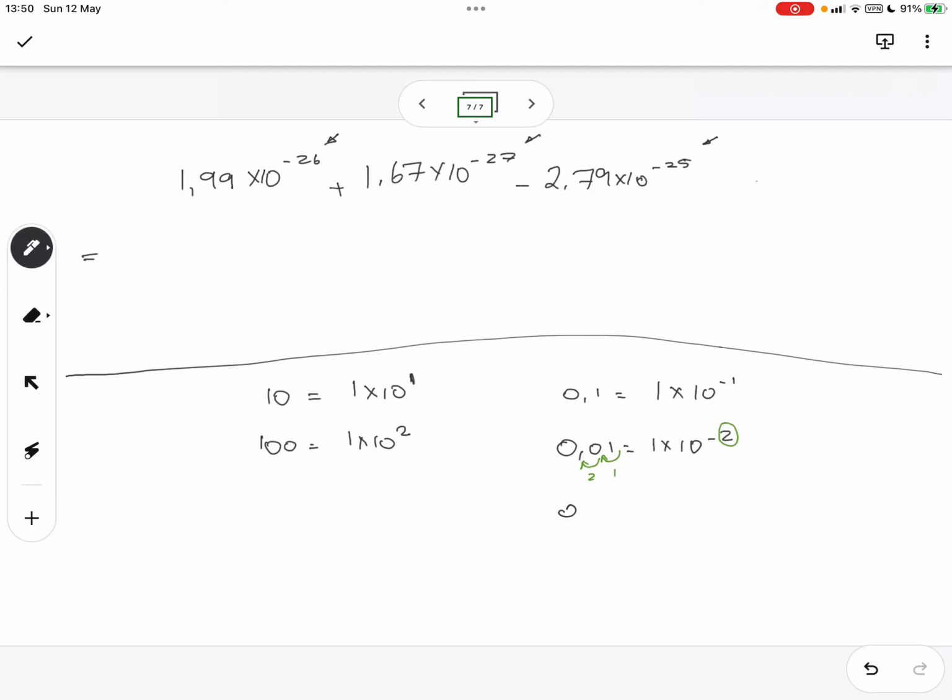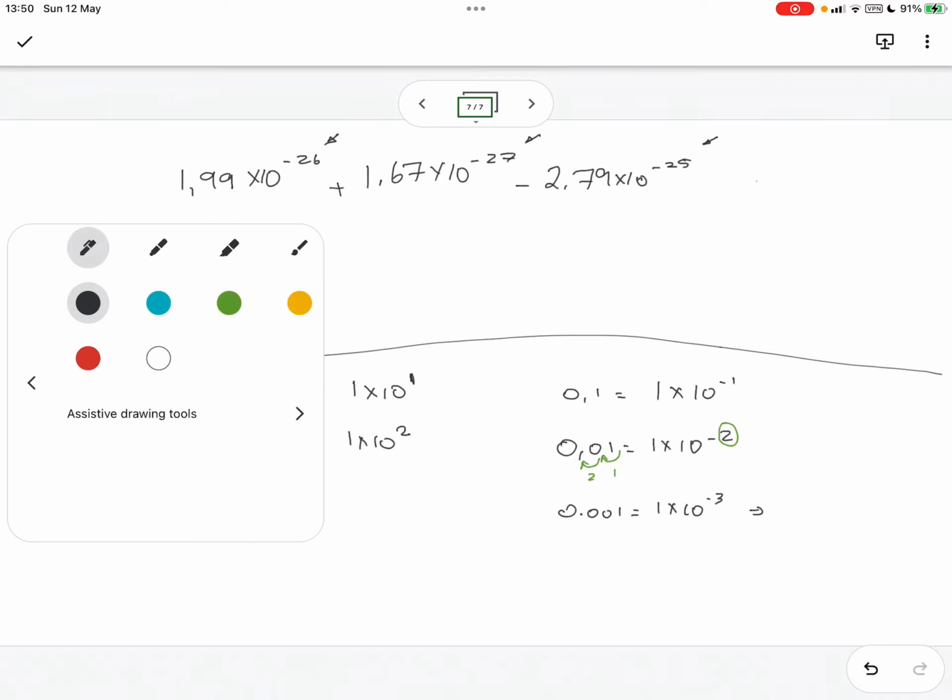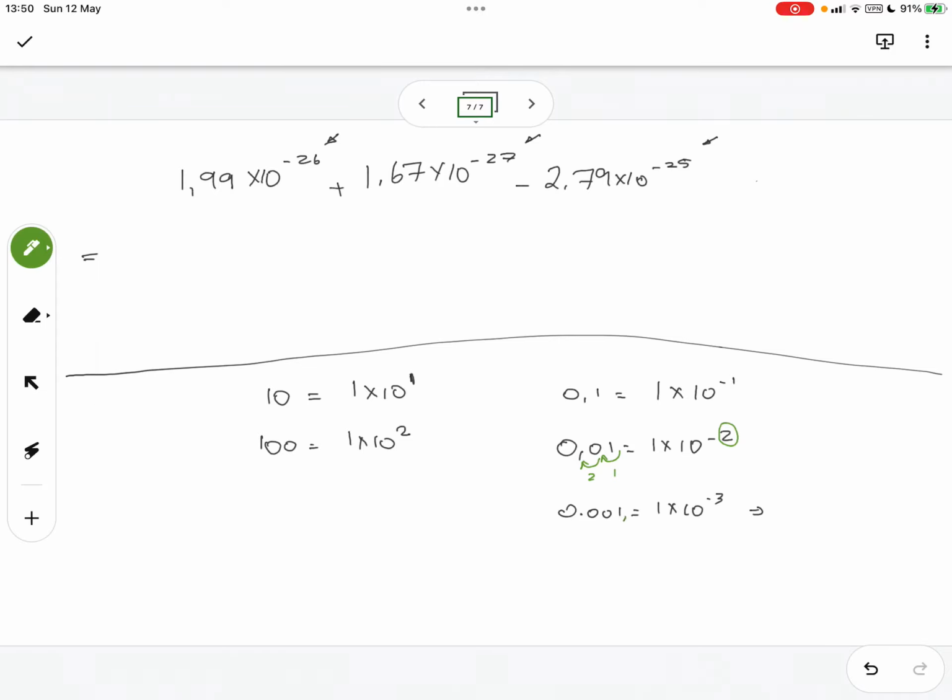When we have 0.001, that is the same as 10 to the negative 3. Why? It tells us that the comma shifted 1, 2, 3 times, in that direction.